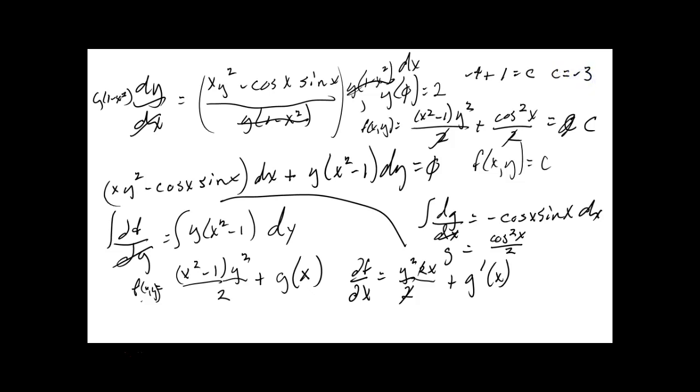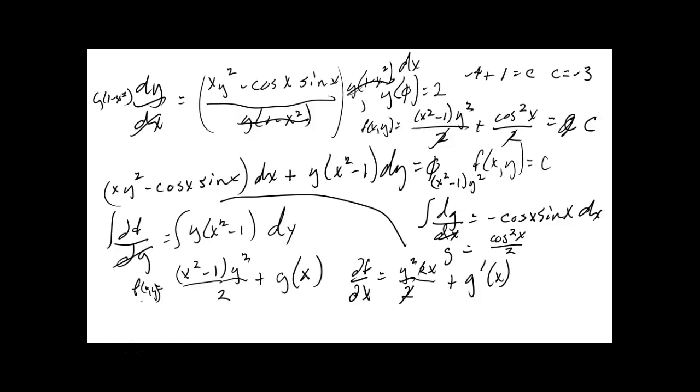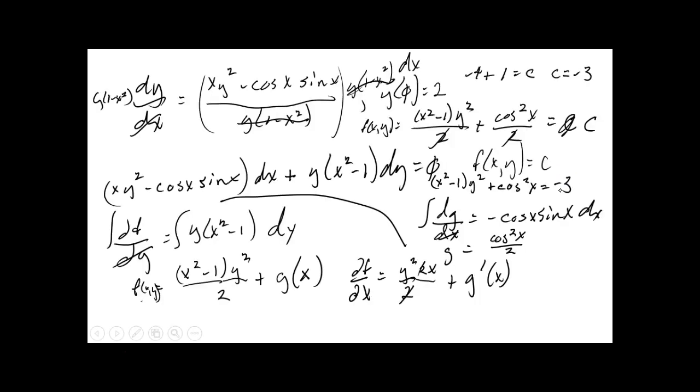So now let's go back and plug all this back in, and it's x squared minus 1 times y squared, yuck, plus cosine squared x is equal to minus 3. Yuck.